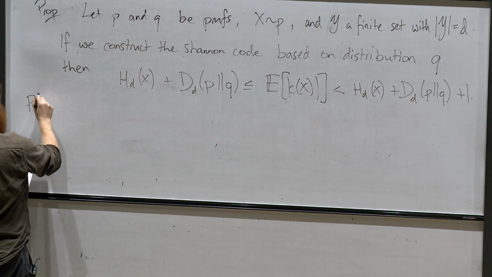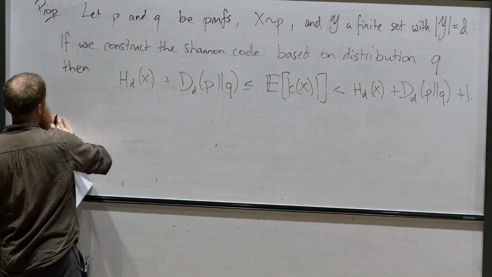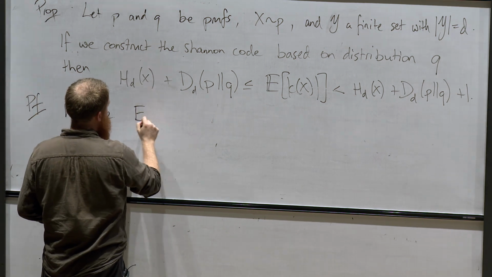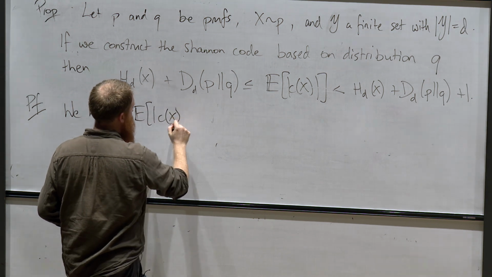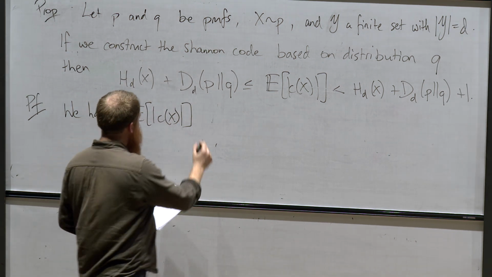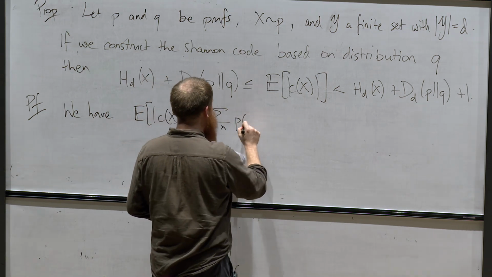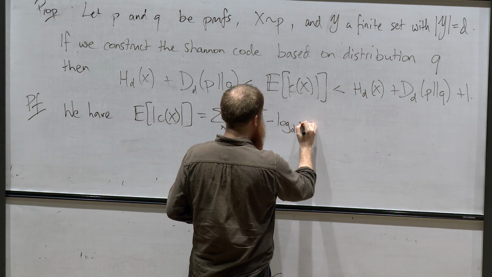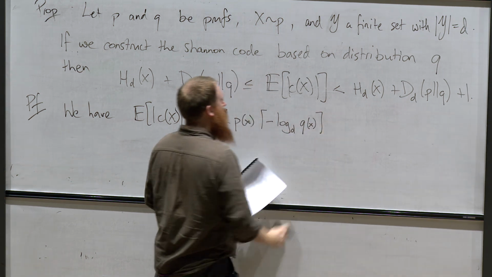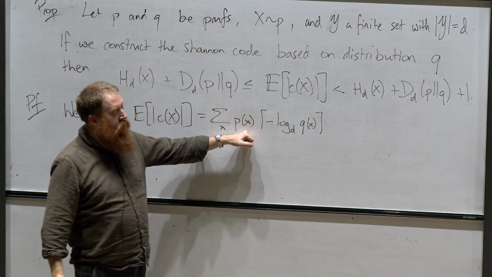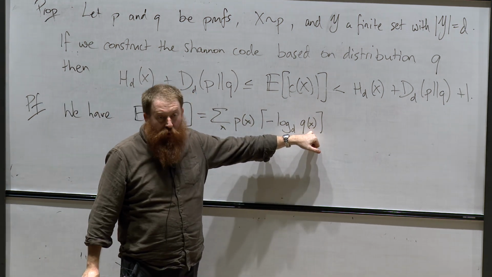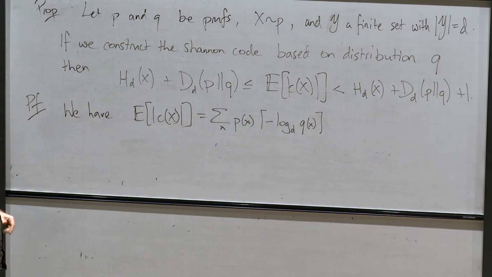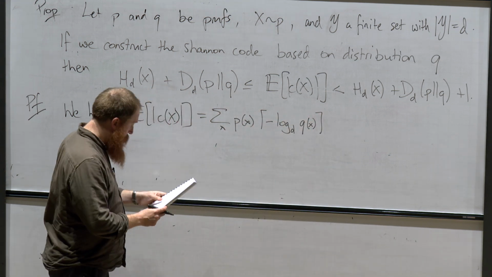Okay, so how do I prove this? So let's do it. Let's just calculate the expected code word length. That's equal to the sum over x of p(x) times, well, the code word length was minus log to the base D of q(x), because I'm evaluating the expectation using P, but I constructed my code using Q. There's that construction over there. I used Q. I did it a little bit wrong. And so this is the expected code word length.